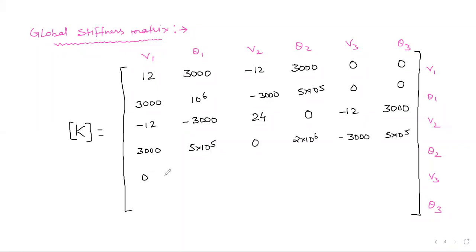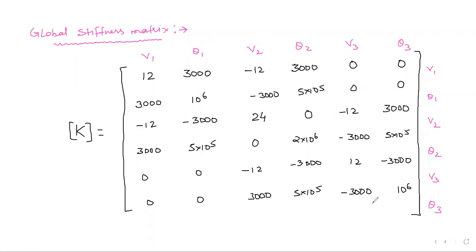Again, we will have 0, then 0, then minus 12, then minus 3000, then 12, minus 3000, and the theta 3 terms 0, 0, then 3000, then 5 into 10 to the power 5, then minus 3000, and then 10 to the power 6. So we have calculated all the values, 1, 2, 3, 4, 5, 6. We have calculated the global stiffness matrix. This is our global stiffness matrix.